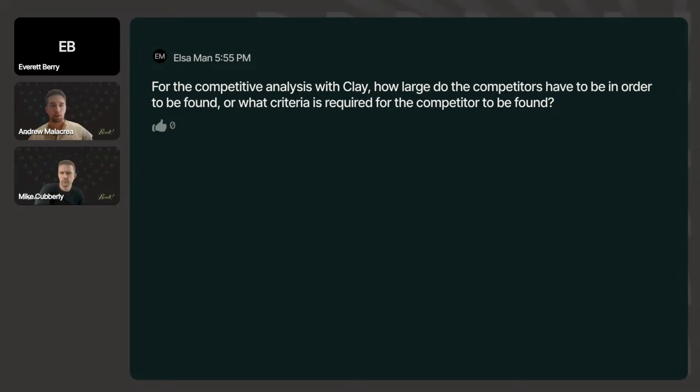If you could just add a little bit of color on where you're going with that question, that would be helpful. And in the meantime, Brendan asks, how does Clay decide which data sources to use? And on top of that, are folks able to choose the data sources? And I believe we might have answered that after that question was asked.